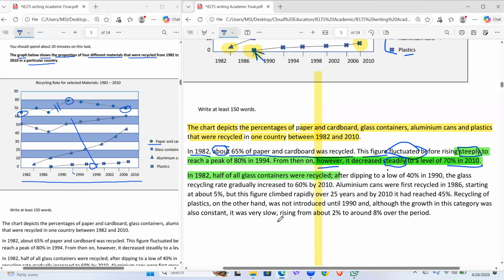Now the whole second paragraph is about paper and cardboard, glass containers, aluminum cans, and plastics. Understand it? In 1982, half of all glass containers, half means 50%. So paraphrase: half of all glass containers were recycled.